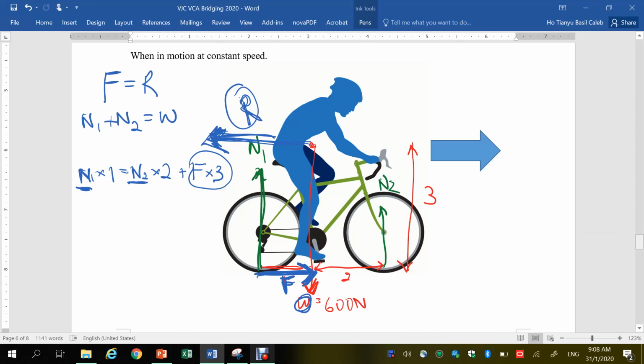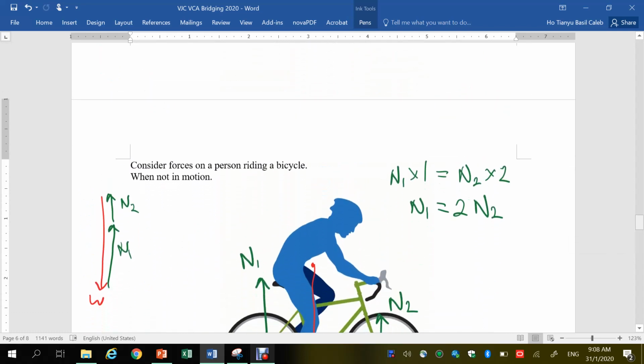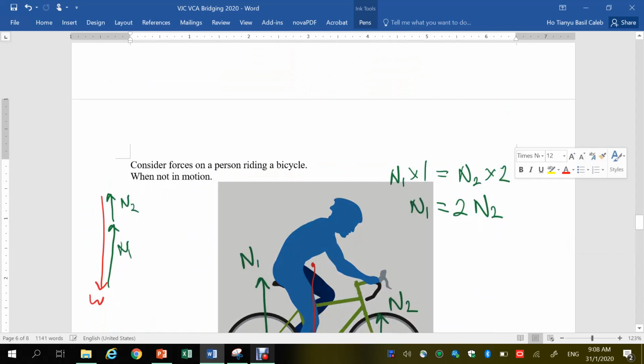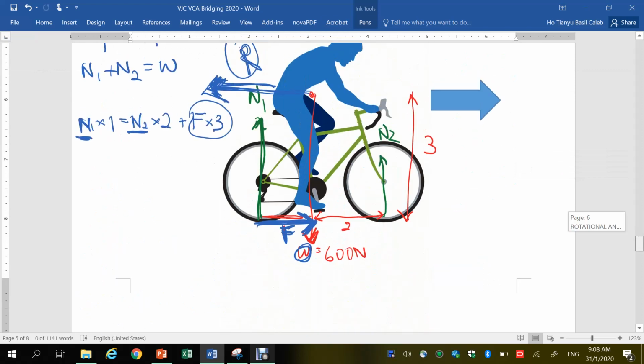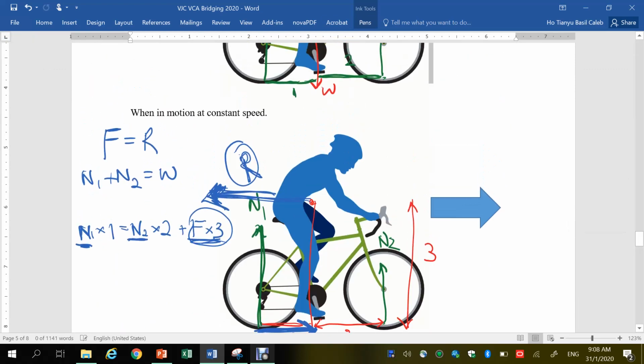Over here, there isn't as much anti-clockwise moment. So here there's an additional anti-clockwise moment due to F. This means that the value of N2 must decrease compared to before, and the value of N1 must increase because they still add up to the weight of the person.